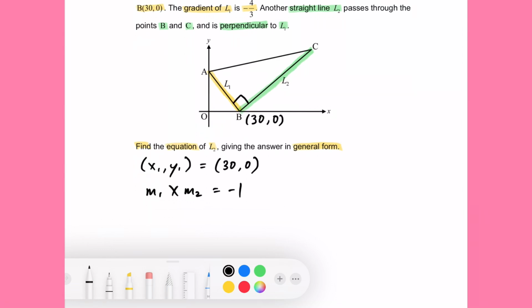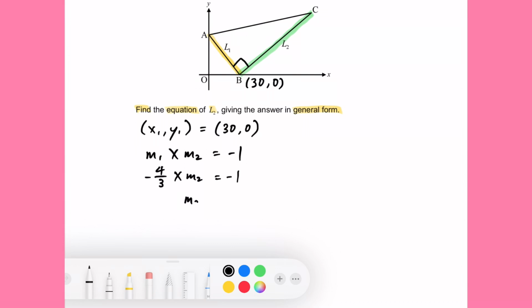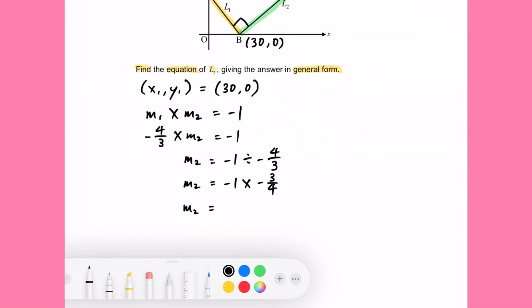Then from this formula, we are going to consider -4/3 times m2 equals to -1. So that m2 would be simply -1 divided by this improper fraction, divided by a fraction which means multiplied by its reciprocal, so that we will have m2 equals to +3/4.